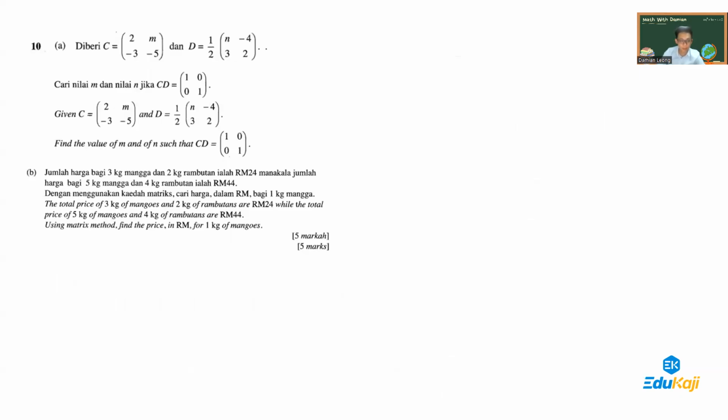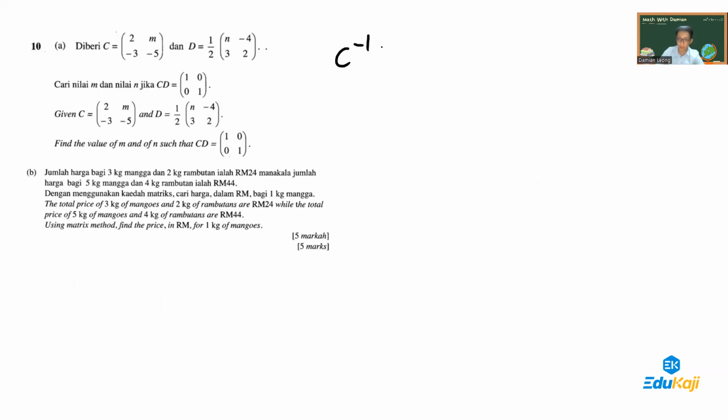So question 10. Find the value of M and N such that CD is 1001. If CD is 1001, it means C and D are inverse of each other. Since there's a half in front of the D here, I don't want to touch that. I look at this.